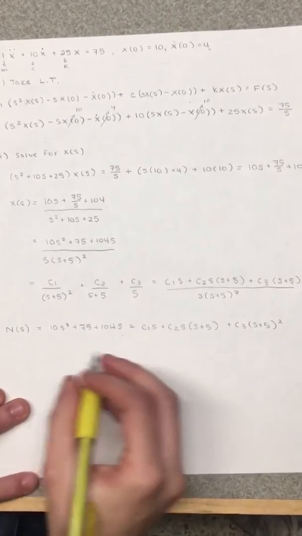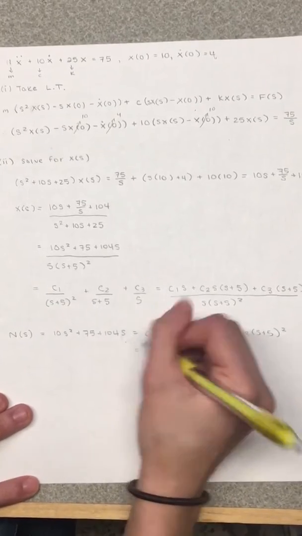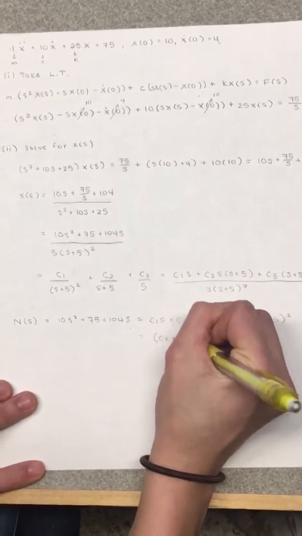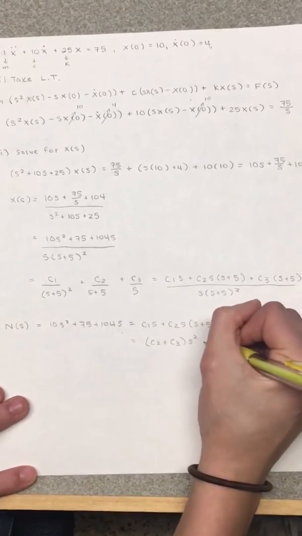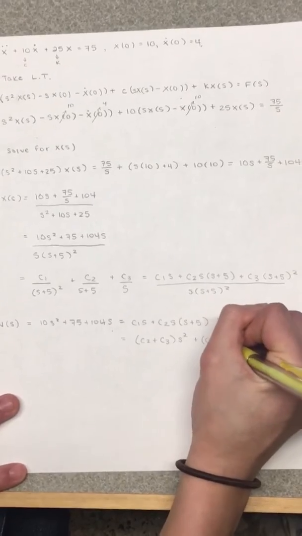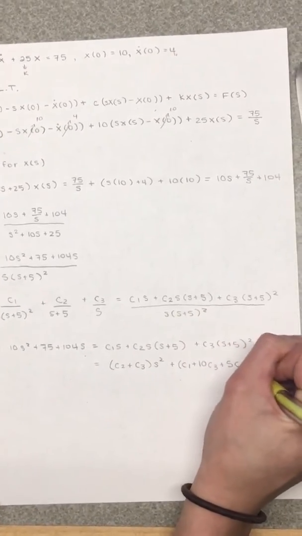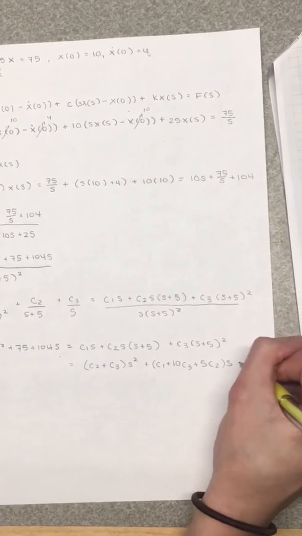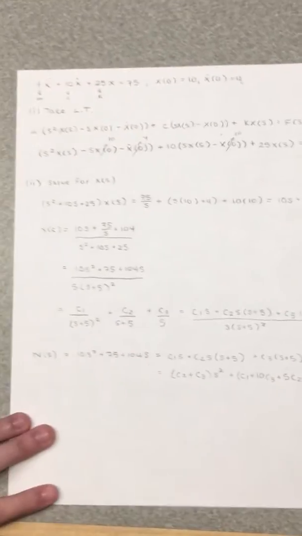And then we're going to put these in similar forms, so converting this, you're going to end up with (c2 plus c3) s squared, because those are all your terms multiplied by s squared, plus (c1 plus 10 c3 plus 5 c2) s, which are your terms multiplied by s, and then 25 c3 is your constant term.